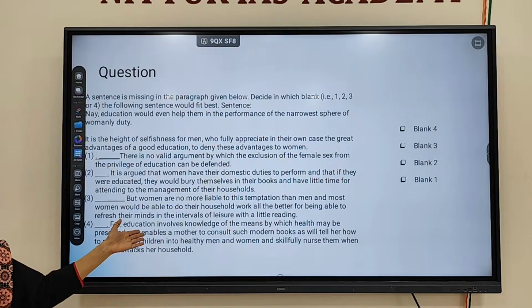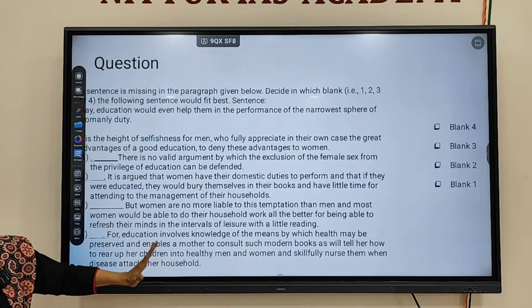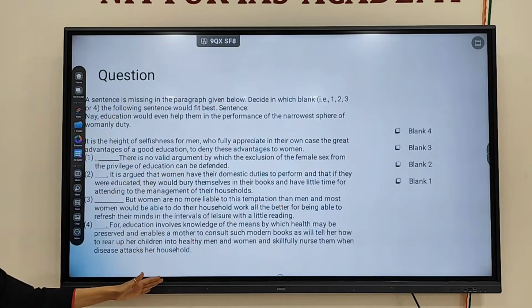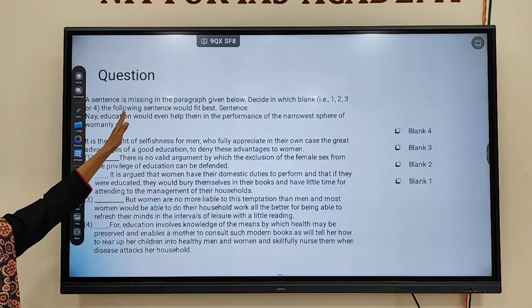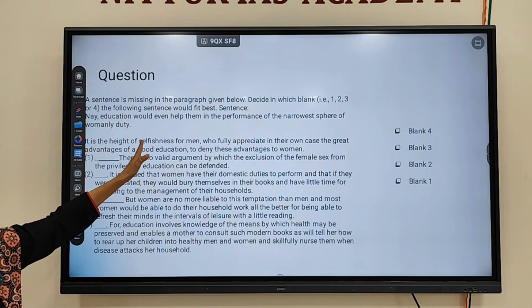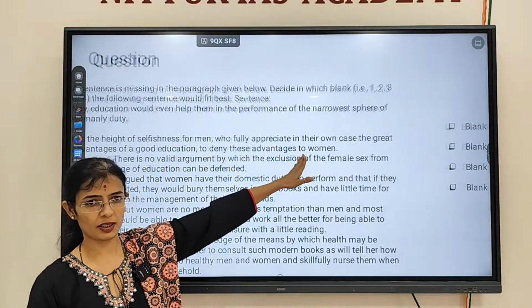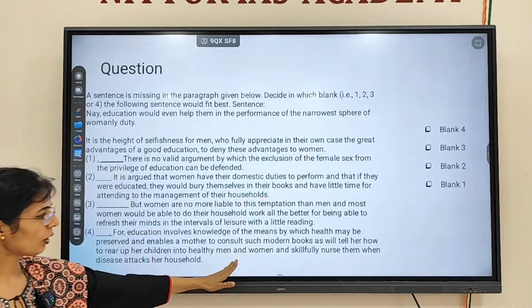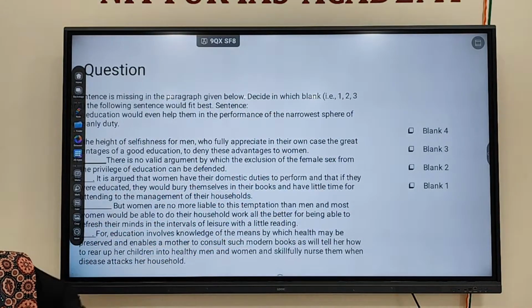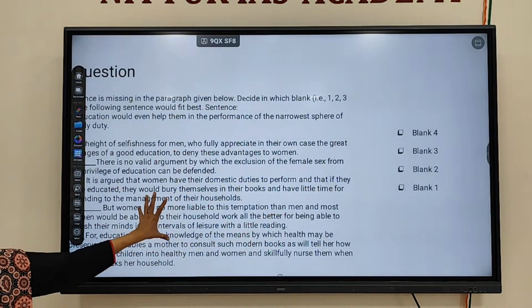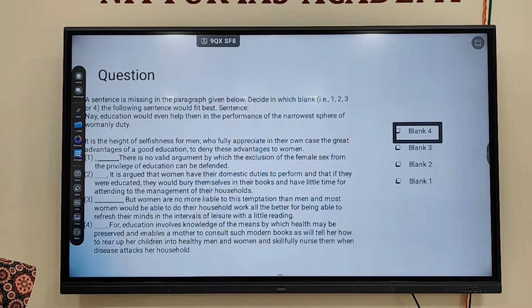Not required. The correct logical sense would be that there's no denial that there are certain advantages of education, and what the advantages are is something that we need to mention in the blank. So the correct answer would be blank number 4.